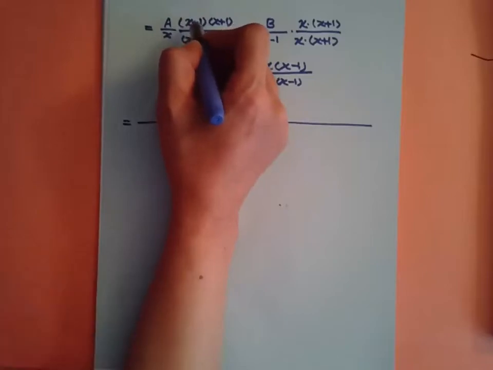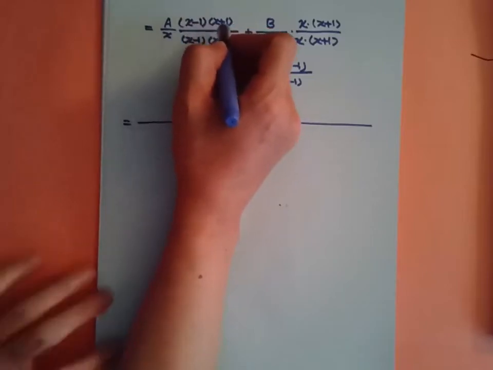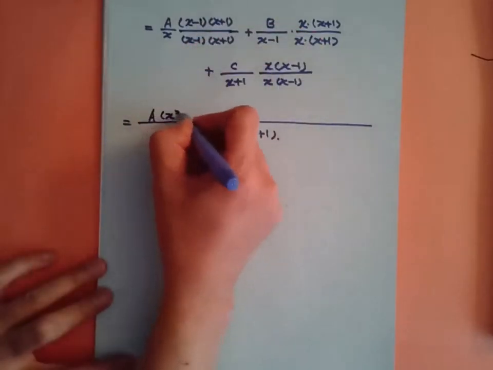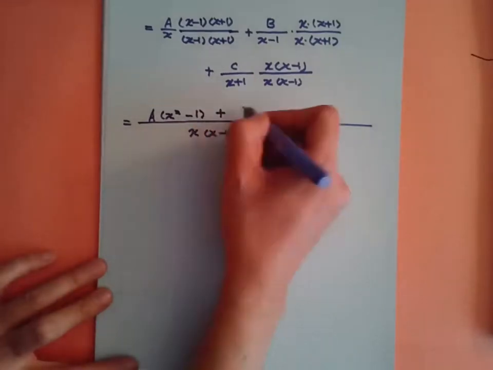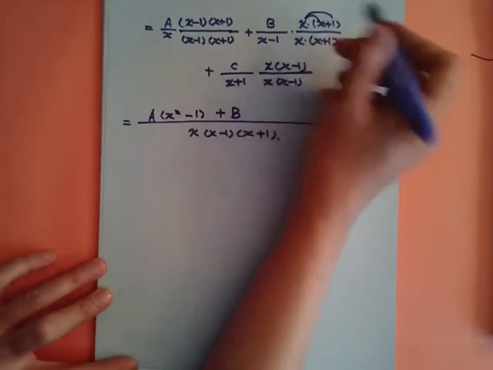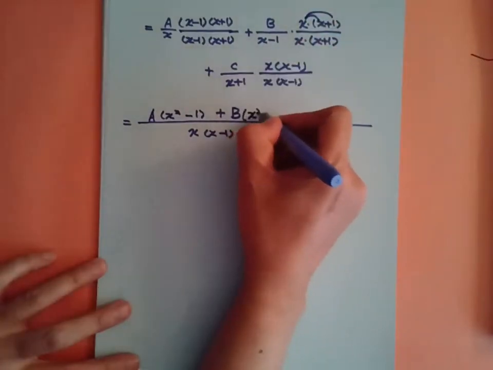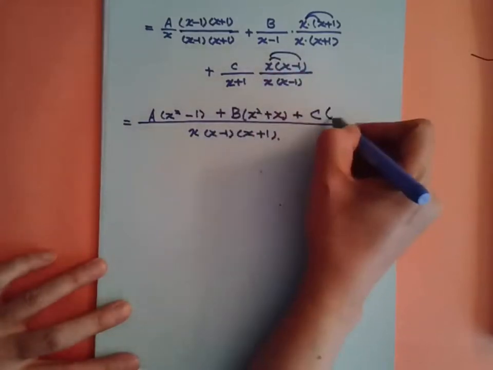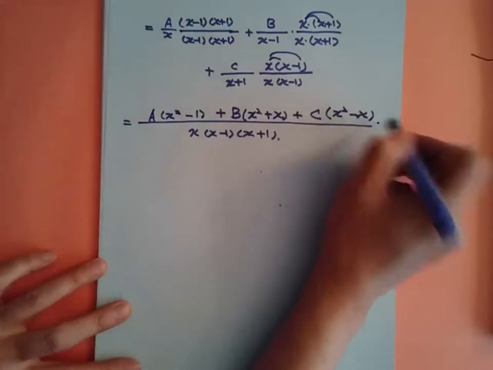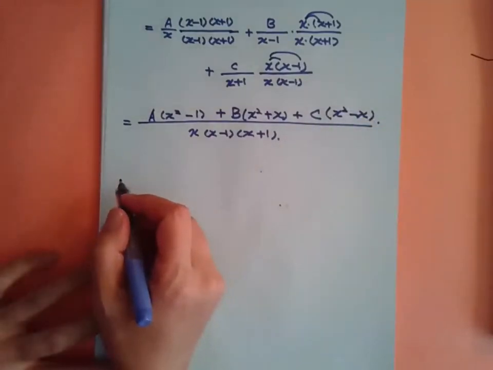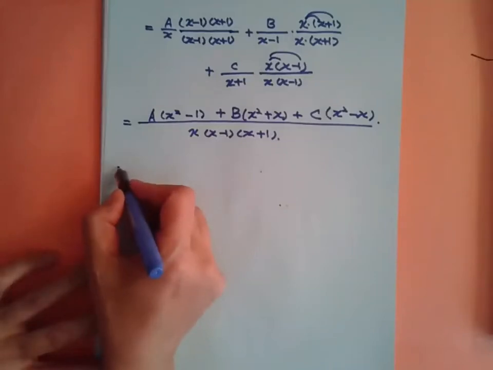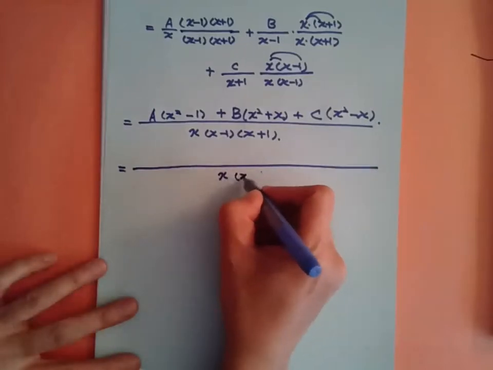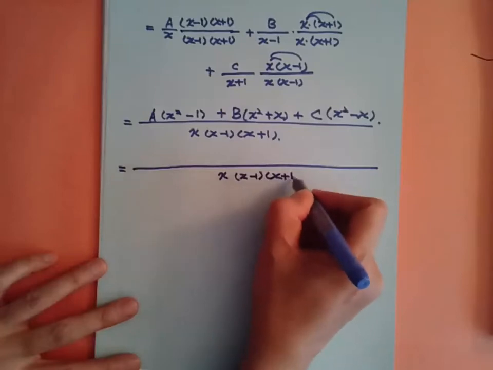This one is x minus 1 times x plus 1, and by the formula it becomes x squared minus 1, which is a times that, plus b times the distribution, which is x squared plus x, plus c times this one times this one, which is x squared minus x. So the denominator is x times x minus 1 times x plus 1.